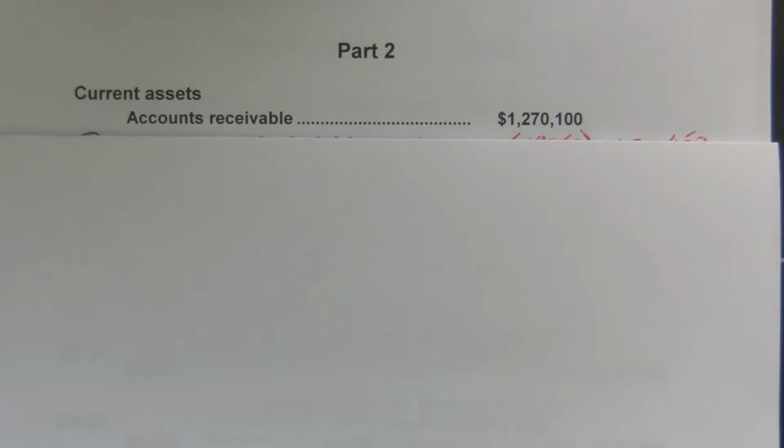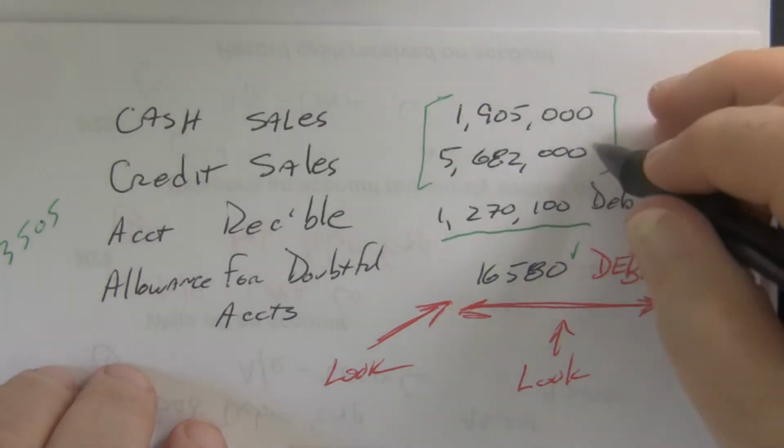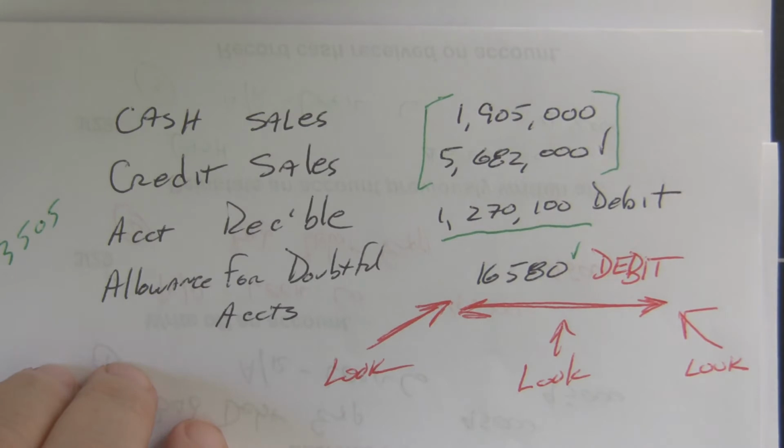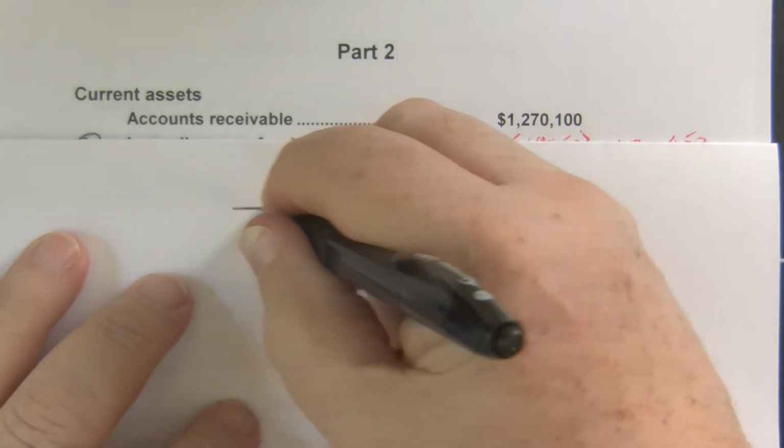Problem 7.2a says show us how this would look in the balance sheet if we calculated our allowance based on 1.5% of credit sales. So we took 1.5% of that to come up with our bad debt expense for this year.